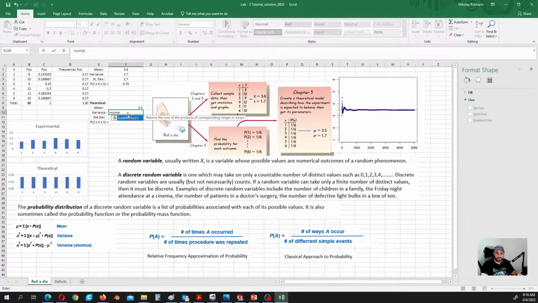Sum product of our x squared and then the theoretical probabilities, and then minus the mean squared. Okay, and let's maybe again format it the same way.